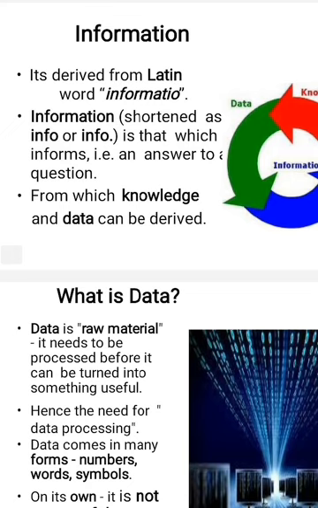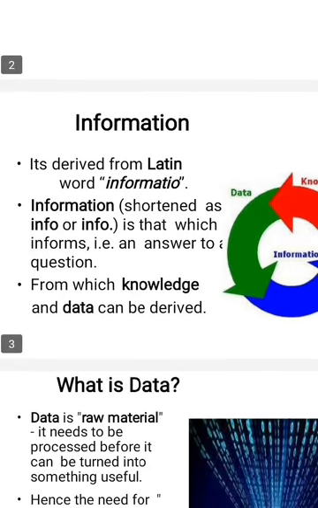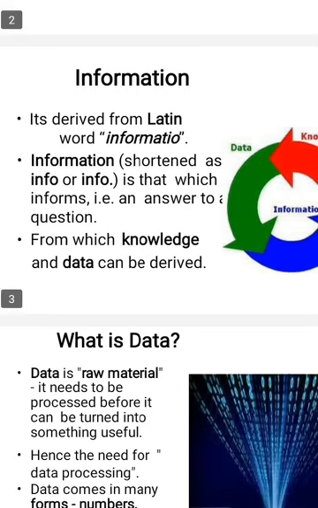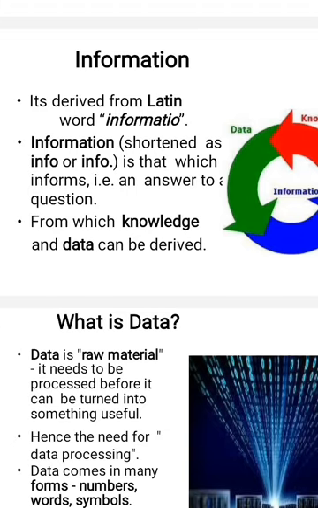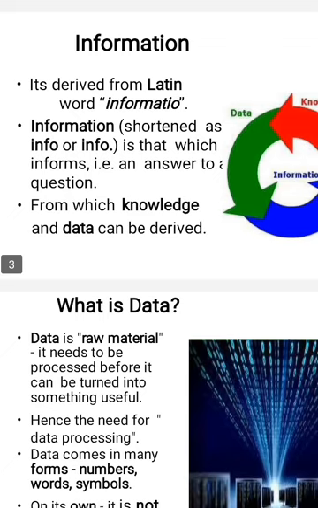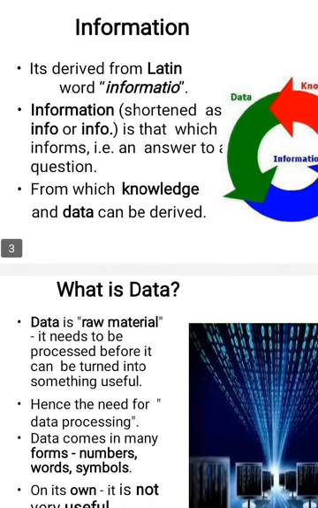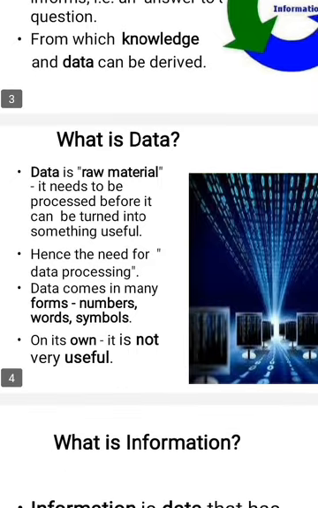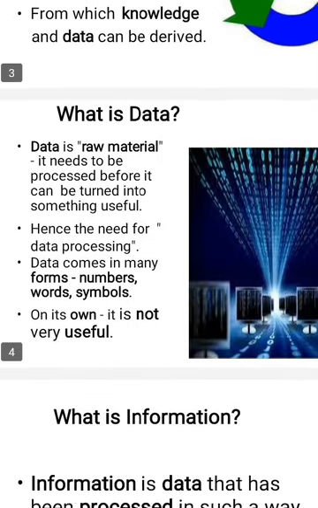So when we speak of computers, so many things come into picture, like for example information, data, and the differences and similarities between them. First thing is information, which comes from the Latin word informatio, which means an answer to a question from which knowledge and data can be retrieved.